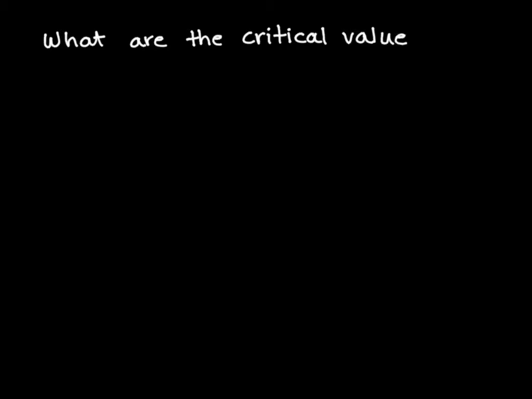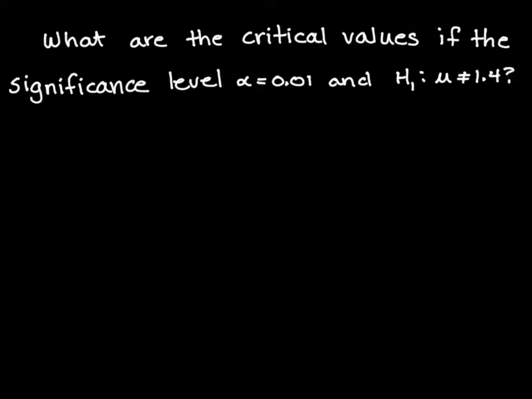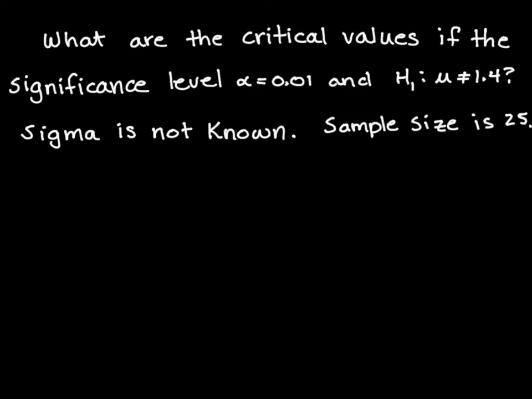Now let's take a look at a problem that involves the t-distribution. Here it asks, what are the critical values if the significance level alpha equals 0.01 and our alternative hypothesis is that mu is not equal to 1.4, but in this problem sigma is not known and our sample size is 25.